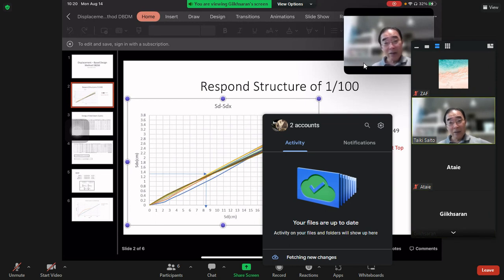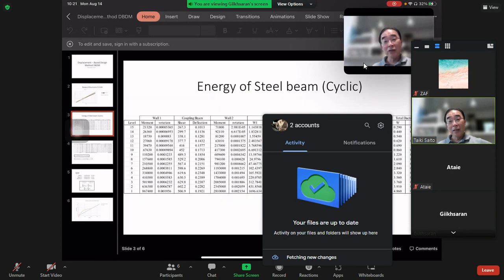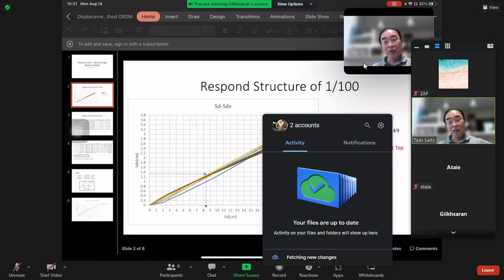And from this, we put this target drift in this one in the cyclic, 1 divided by 250. Okay. So you conduct pushover until 1/100 story drift.